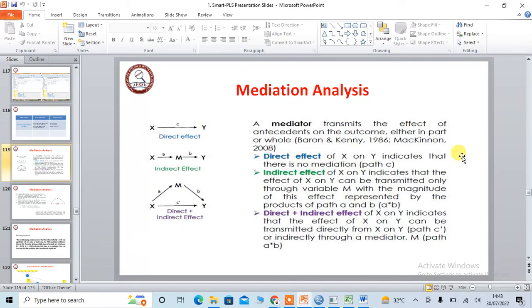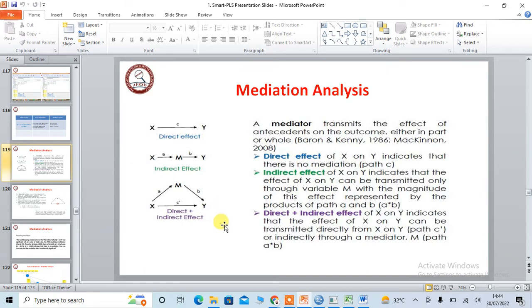Suppose we have a direct relationship between x and y, that is called the direct relationship, and indirect means x through m, where m is the mediator. The relationship between x and m is denoted by a, and the mediator to DV is denoted by b.